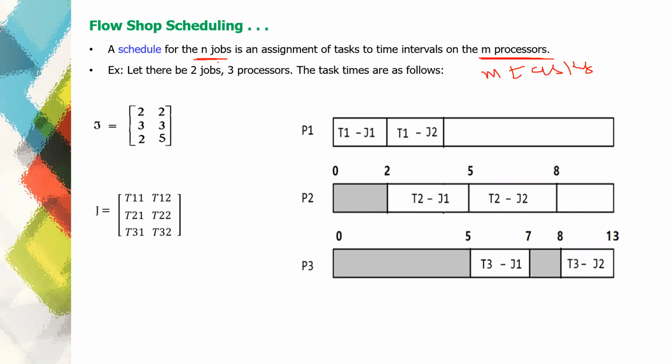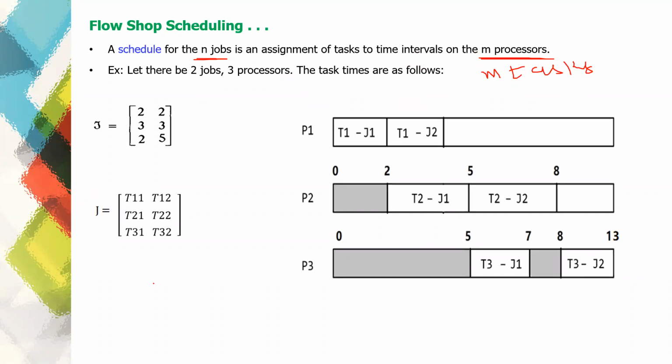Whenever these n jobs have to be executed on m processors, you have to come up with a schedule for the n jobs, and that is nothing but assigning the tasks to the time intervals of the processors. And a schedule will look like this.